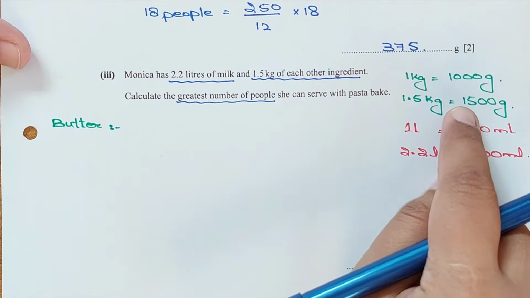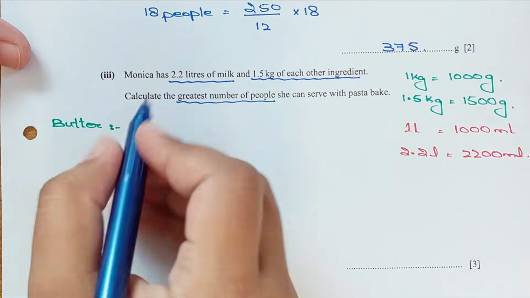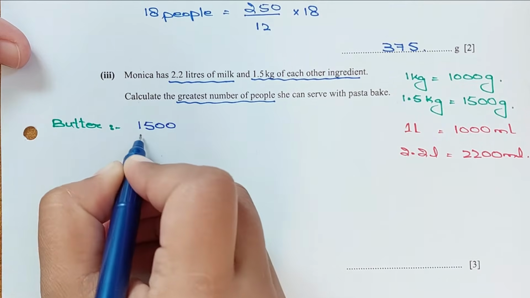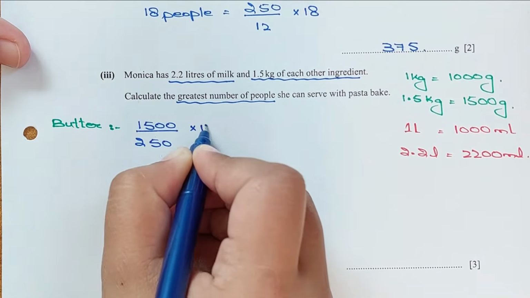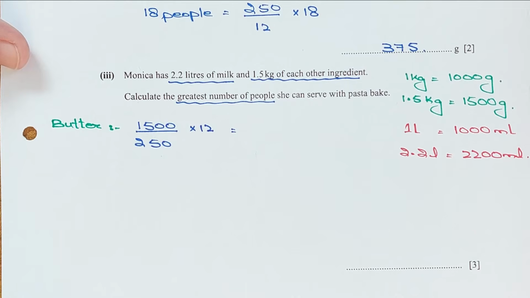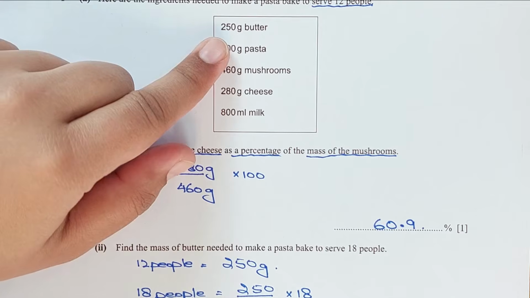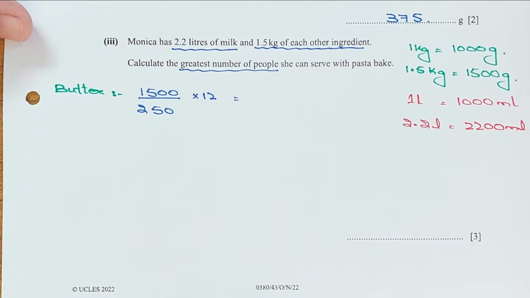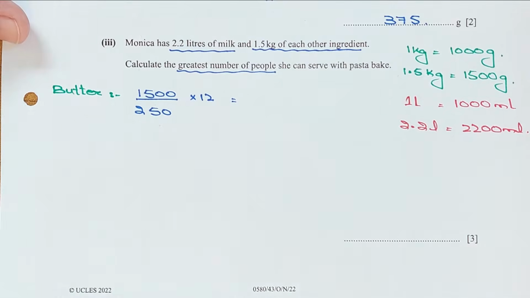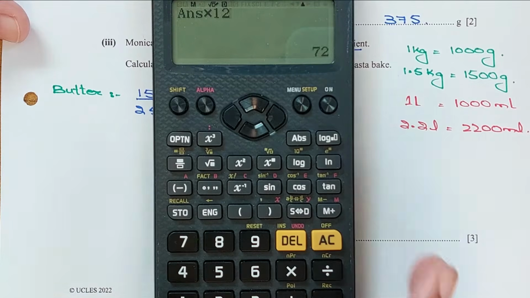So we have 1500 for all the rest of the quantities. For 12 people we need 250 grams of butter, and for how many people do we need 1500 grams? So this is 1500 divided by 250 times 12, which is 72 people.